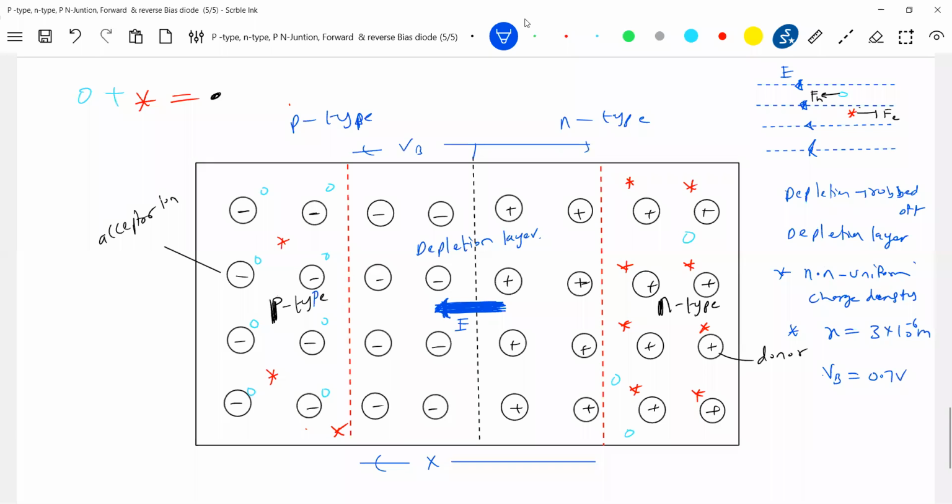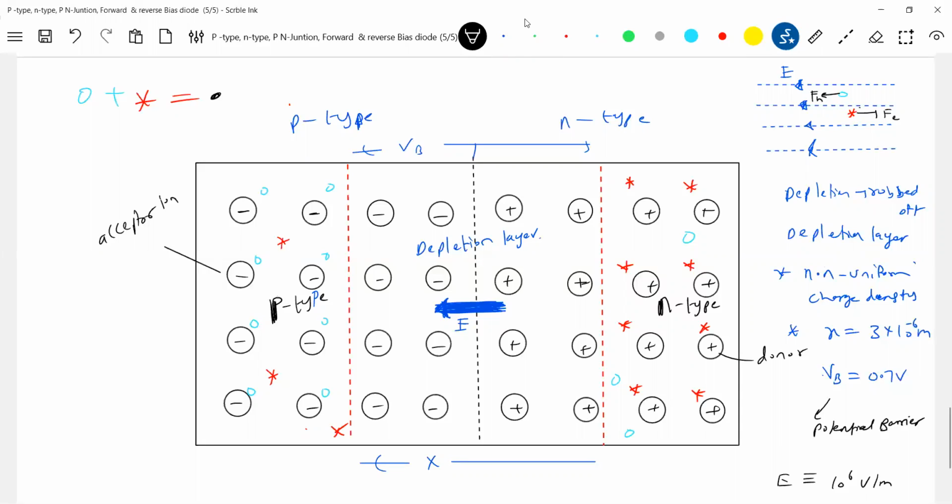The potential barrier is for what? For majority carriers, because this electron wants to move from N to P type, since there are more electrons here and fewer there. The depletion layer will oppose it. So shall I say a barrier is formed? When you substitute everything, the electric field will be of the order of 10 to the power of 6 volt per meter.